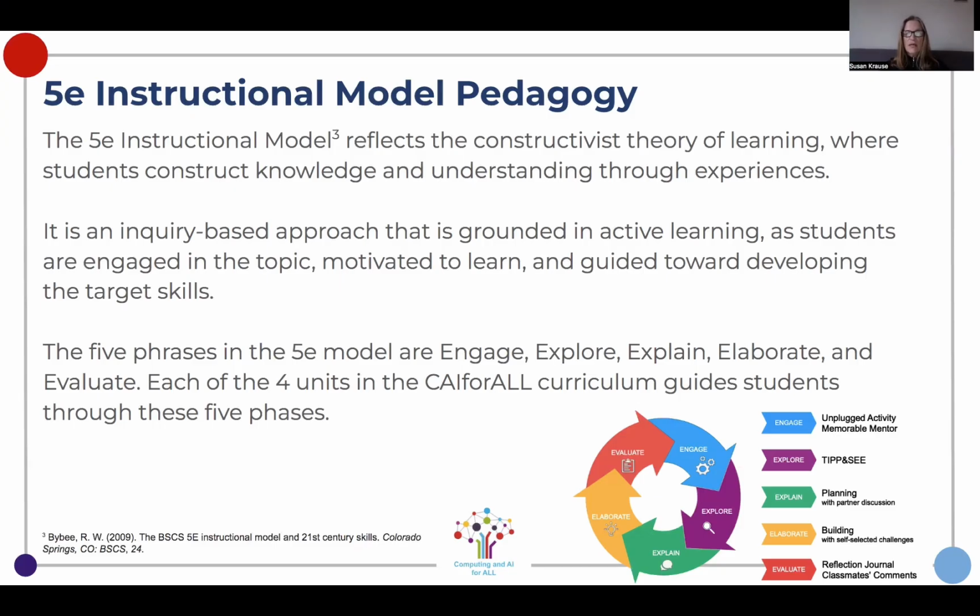In the explain phase, the students create planning pages where they plan out their unique project that they will create to demonstrate the knowledge of the CS concept.